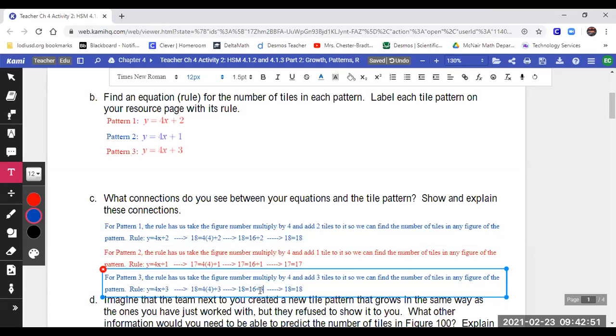That's why you're split screen with it. How many were in figure 4 of pattern 3's worksheet yesterday? Some of you did the right thing. Okay, 19. Thank you.